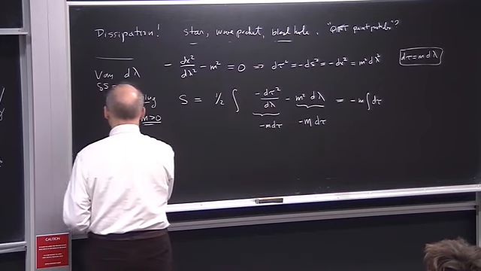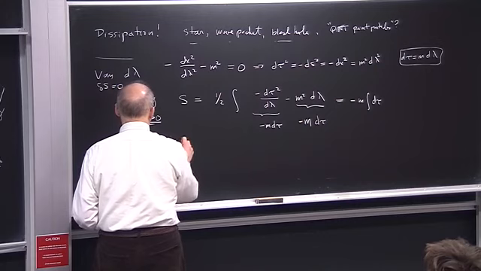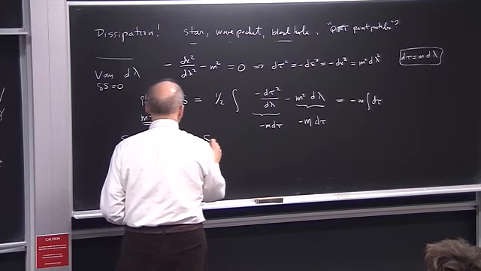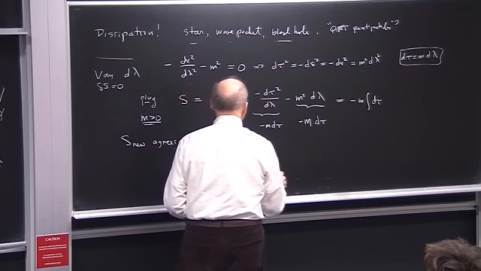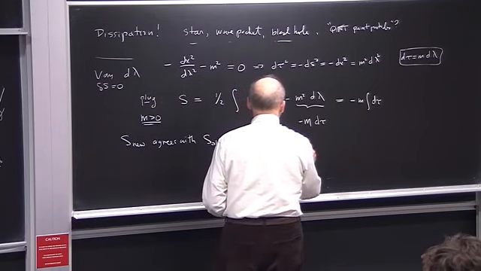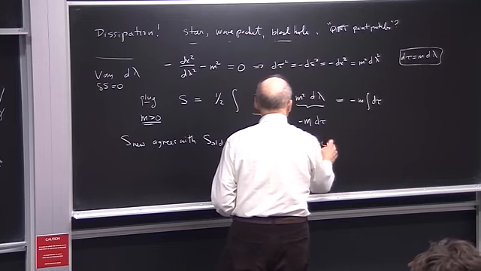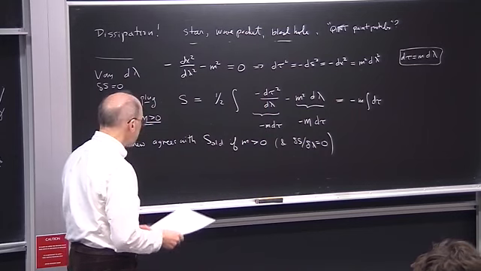So we see that this new S agrees with the old S if m is greater than 0, and the variational equation for lambda is satisfied.